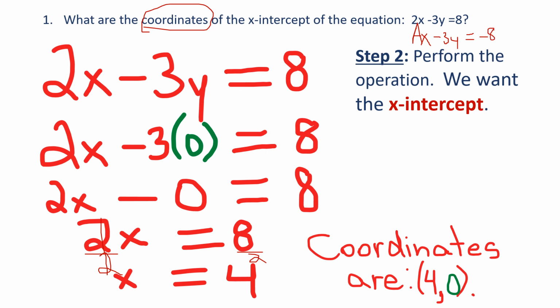If you took this term over, it would be negative over here, but if you left it alone, it would actually be minus 8. Your a term would be 2, and your b term would be negative 3. That's how it's done in standard form.